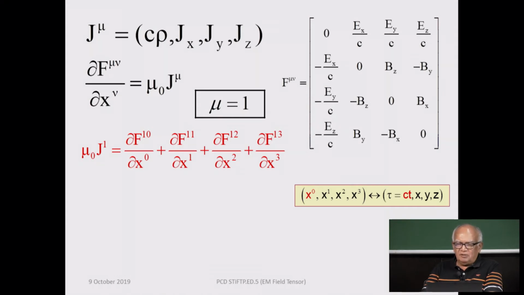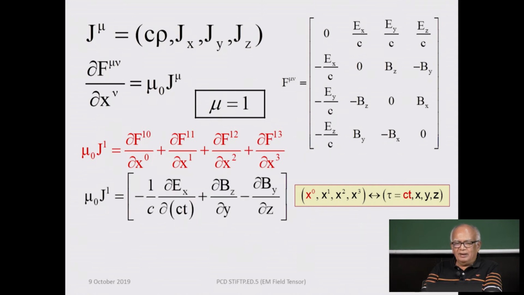Can you do this differentiation in your mind real quick? Pick the terms, what are you getting? Get it ahead of me. You get the derivatives of Ex, Bz and minus By with respect to the coordinates. The second one goes to 0.